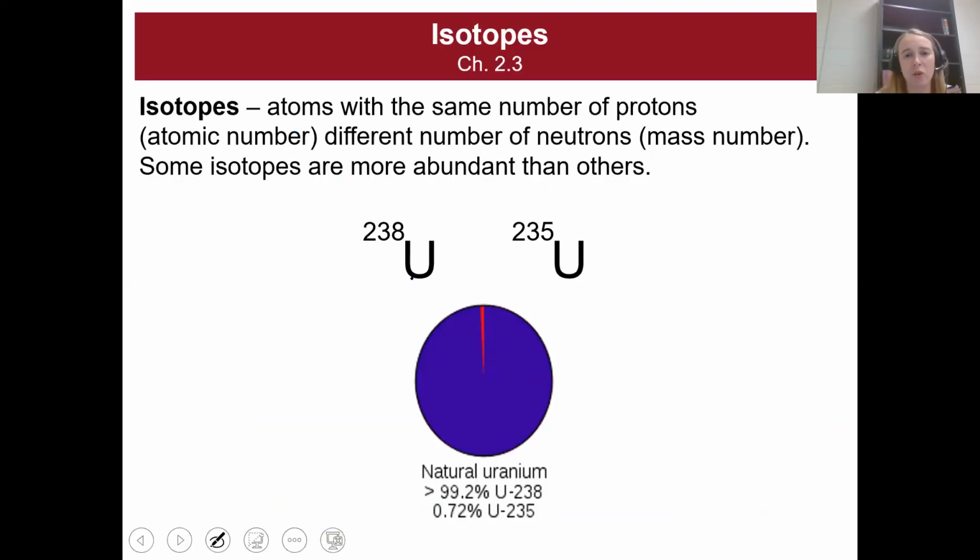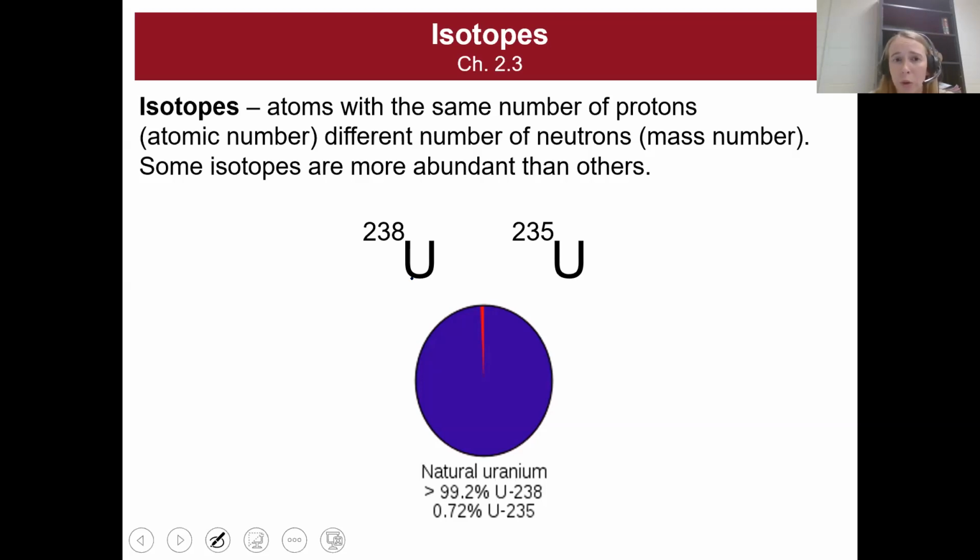All right, so we learned a little bit last time about how Dalton came up with his atomic theory, where he said that all atoms of the same element are the same. That is not true. It was definitely very likely back then, before they could do the types of experiments that we do now.